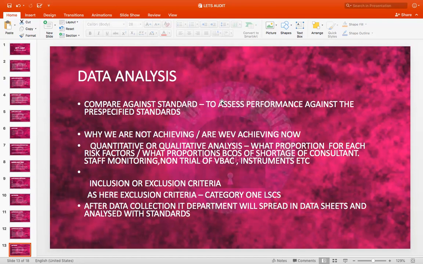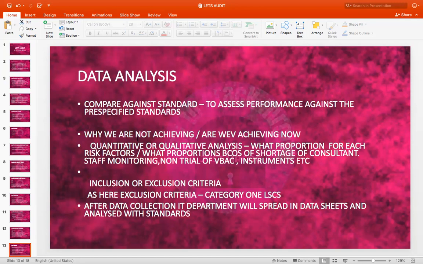This one line you have to remember, because this is again a buzzword: to assess performance against the pre-specified standard, that is, compare against standard.